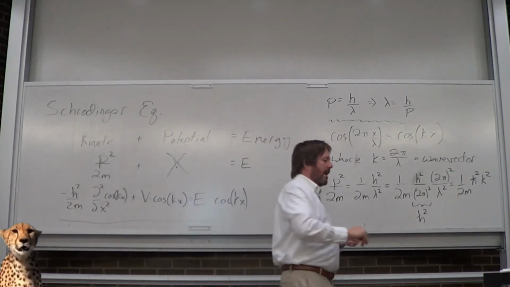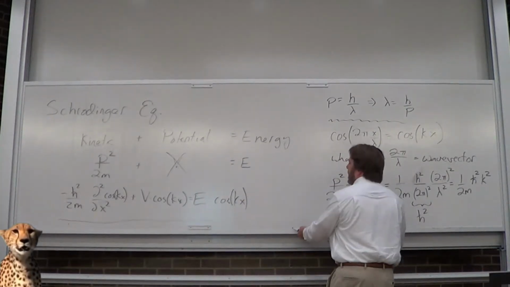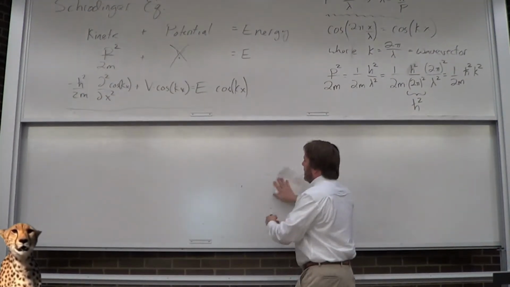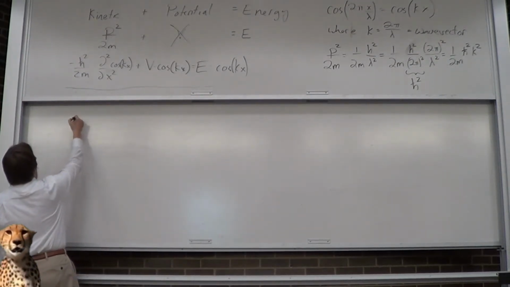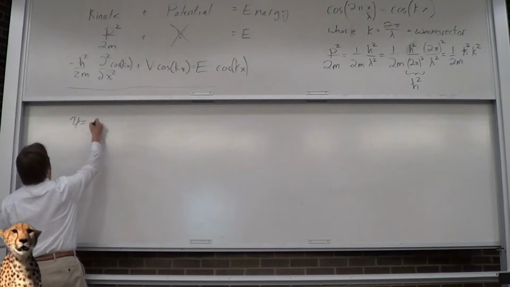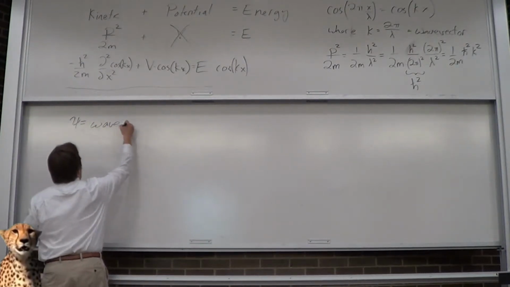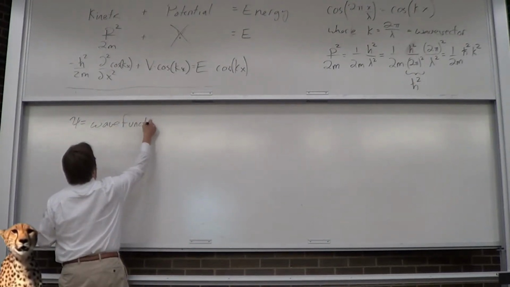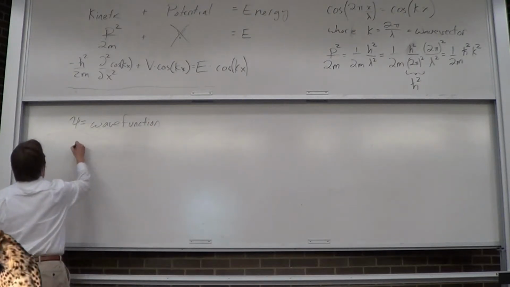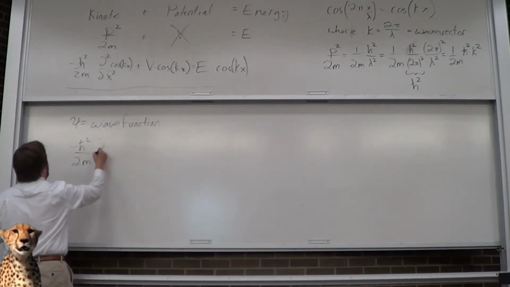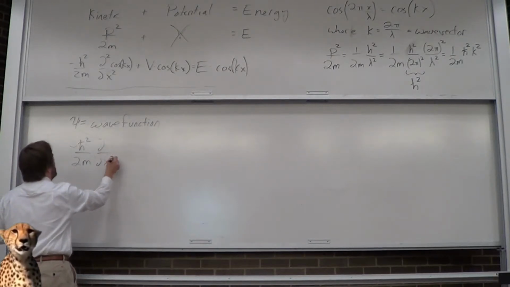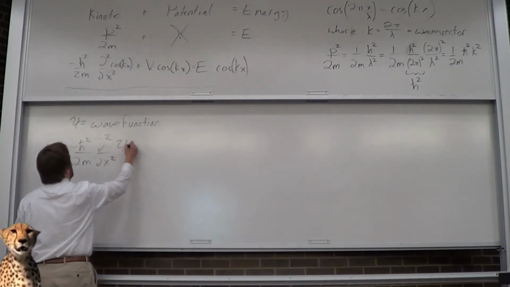That's a little bit more accurate. Let me make this a little bit more generic by introducing some symbology here. Wave function. Okay, we'll call this a wave function. And here is a more standardized representation of the Schrodinger equation.